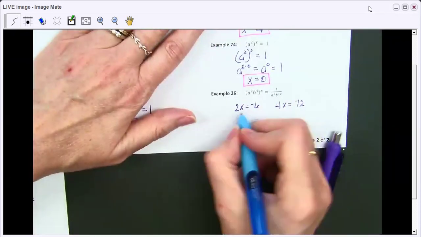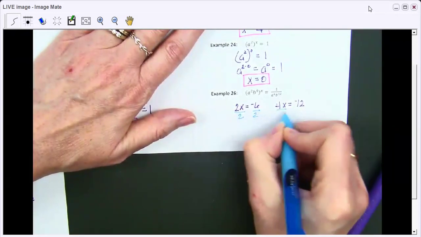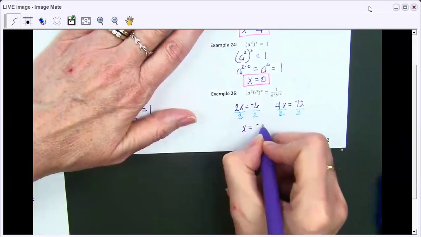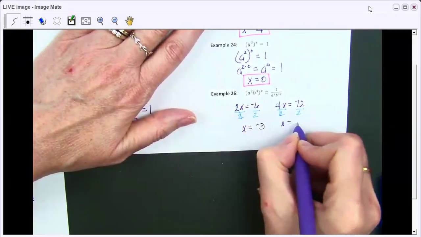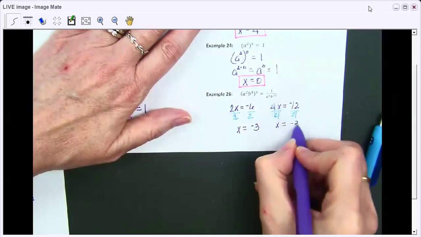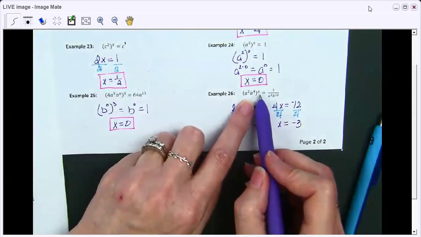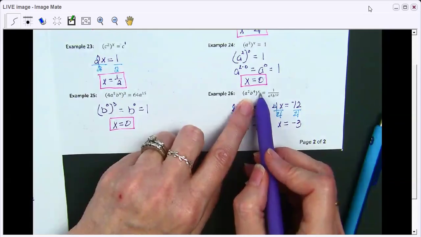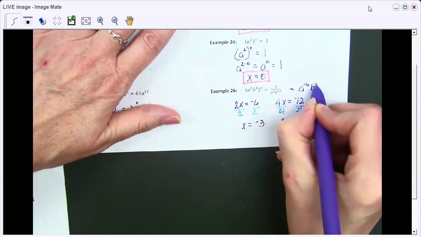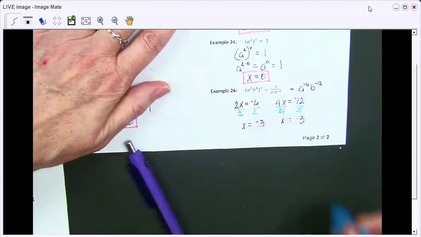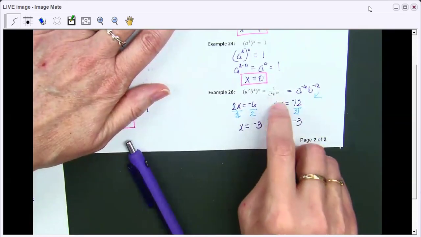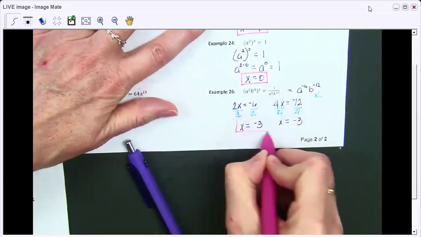So when we divide these, x equals -3, and, oh wait, I put a 2 instead of a 4, sorry. x equals -3. So in order for this one to work, our x would have to be -3. Then we would end up with a to the power of -6, b to the power of -12, and then we'd move it to the bottom to make them positive. That's how you would get this right here. So our answer is that x equals -3.